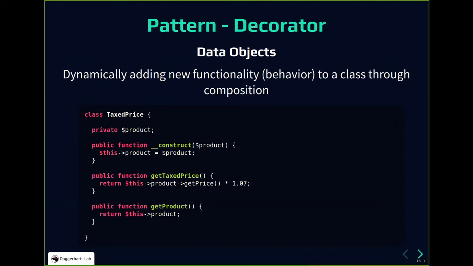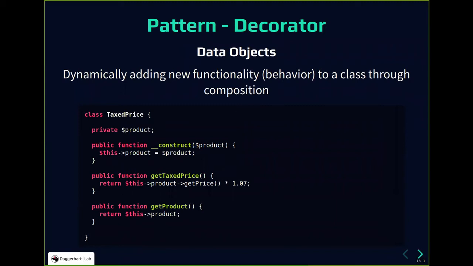Let's say we have a product that's a pizza, and we need to provide the system with the taxed price of this pizza. Well, taxes are different everywhere, and so it's not really the pizza's responsibility to know about the taxes for every state and every country and every planet. It would be better if this was done by another thing.